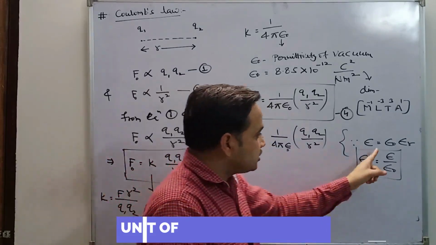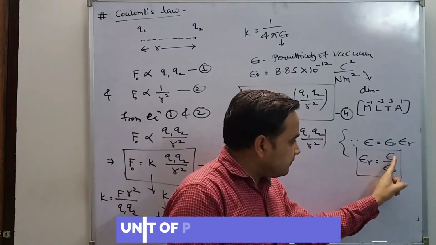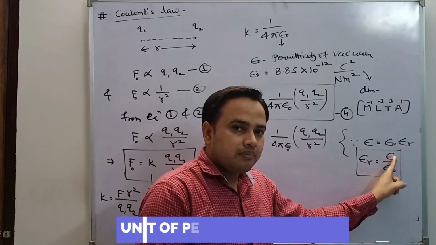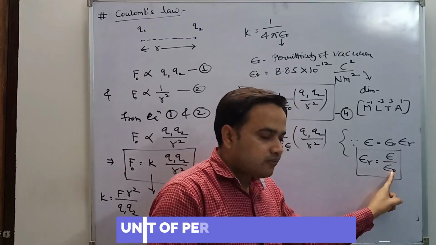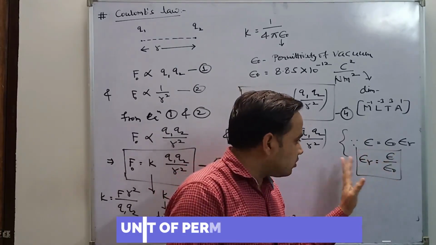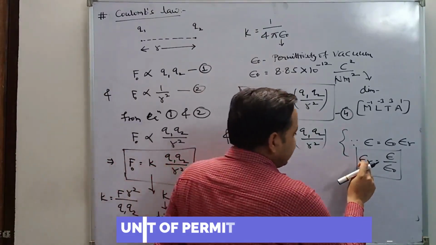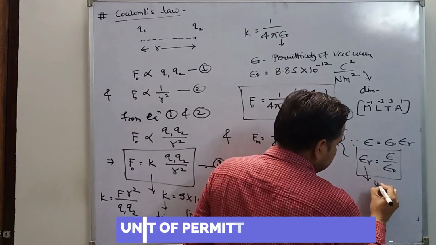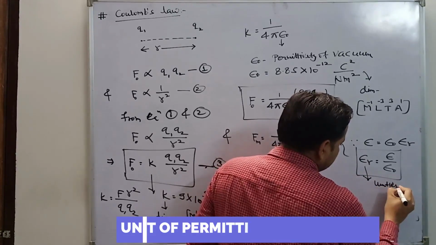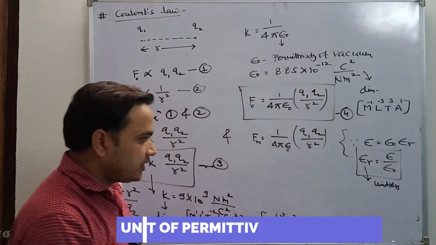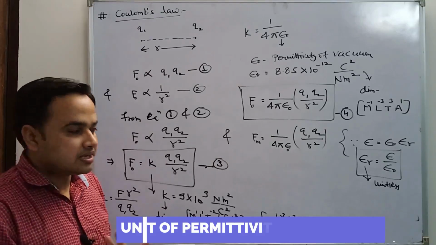It means the ratio of these two, the permittivity of medium to the permittivity of vacuum. This is called epsilon r or relative permittivity, and it is unitless. If it is unitless, then it's also dimensionless.